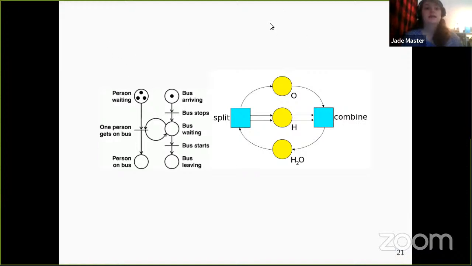And the idea is that each place can be equipped with natural numbers representing the number of tokens in that place. And then the transitions can fire and draw tokens in proportion to the number of arrows going into it, and put out tokens in proportion to the number of arrows going out of it.